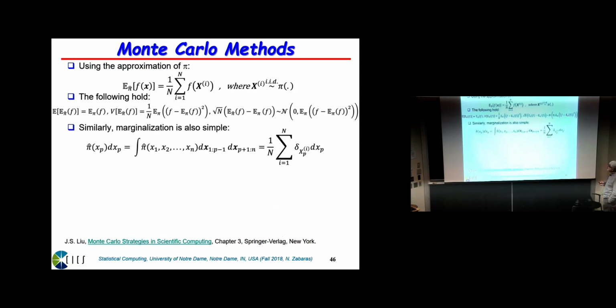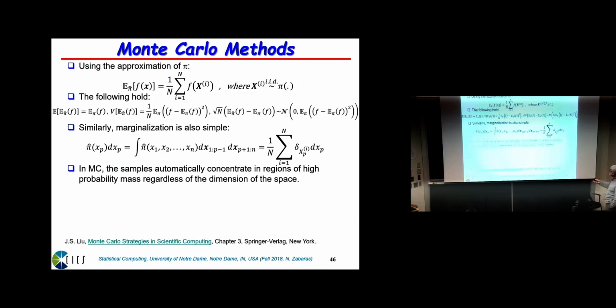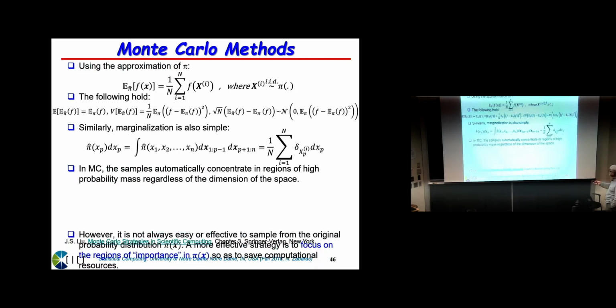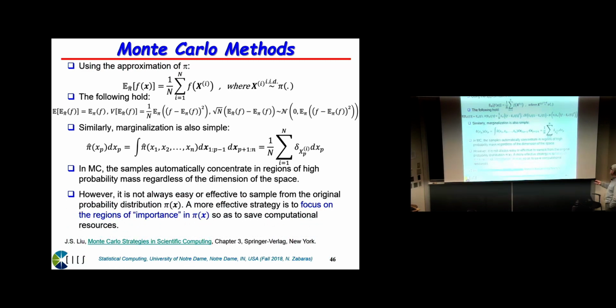If you want to do marginalization in Monte Carlo, X is a high dimensional vector, and if you're only interested in component p, you can immediately show what you get when you marginalize using this empirical measure. Imagine you have this high dimensional X, and you have these delta functions centered at X, where X is high dimensional.